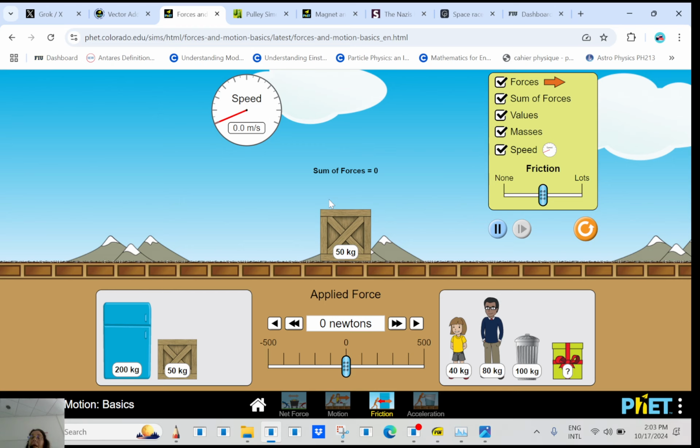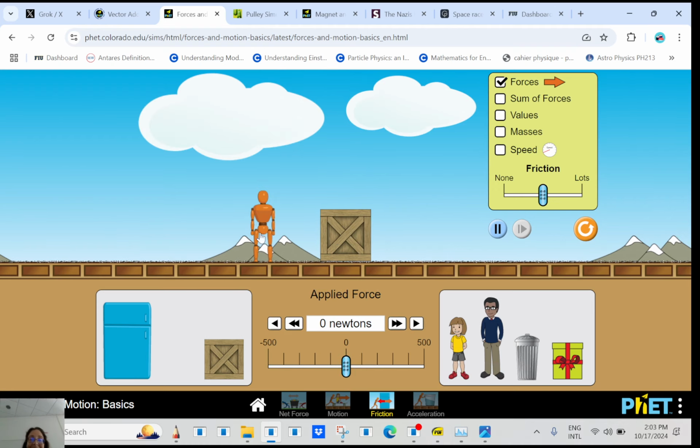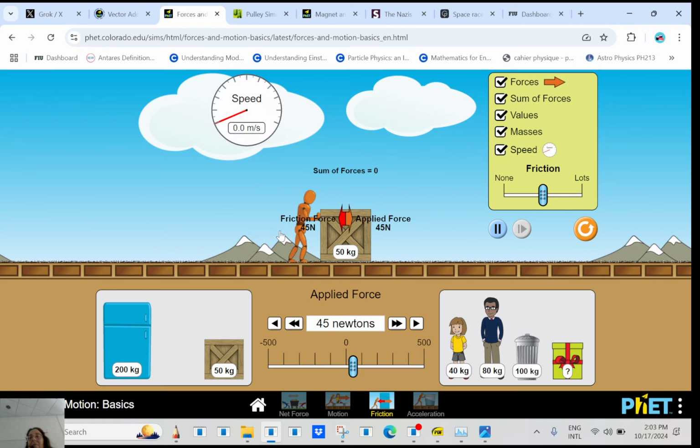Is that clear? In addition to that, obviously, the friction depends on the material in contact. So for example, you have maybe some kind of grass and wood. If I want to push it, you see, you're going to have some kind of friction. Now I can decrease the friction here, so the floor has less dirt.